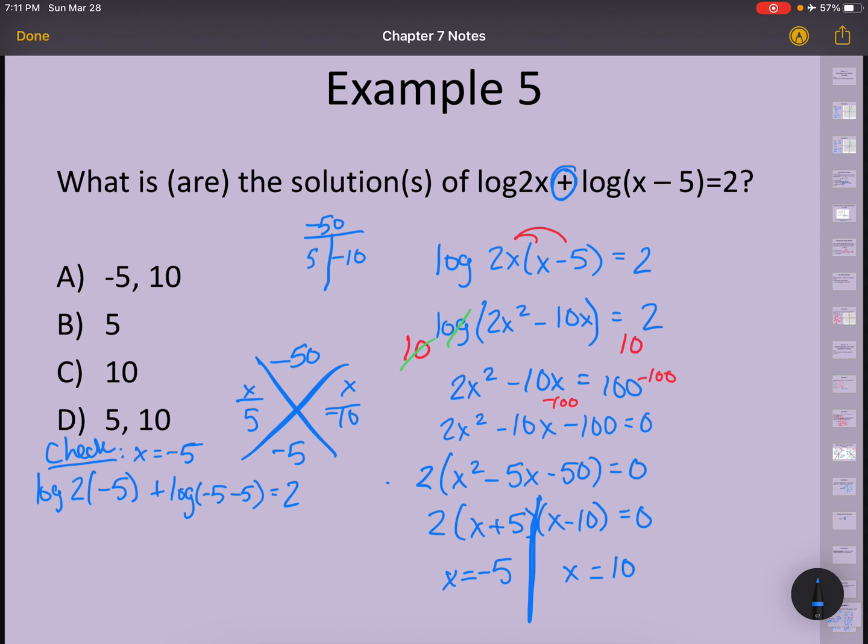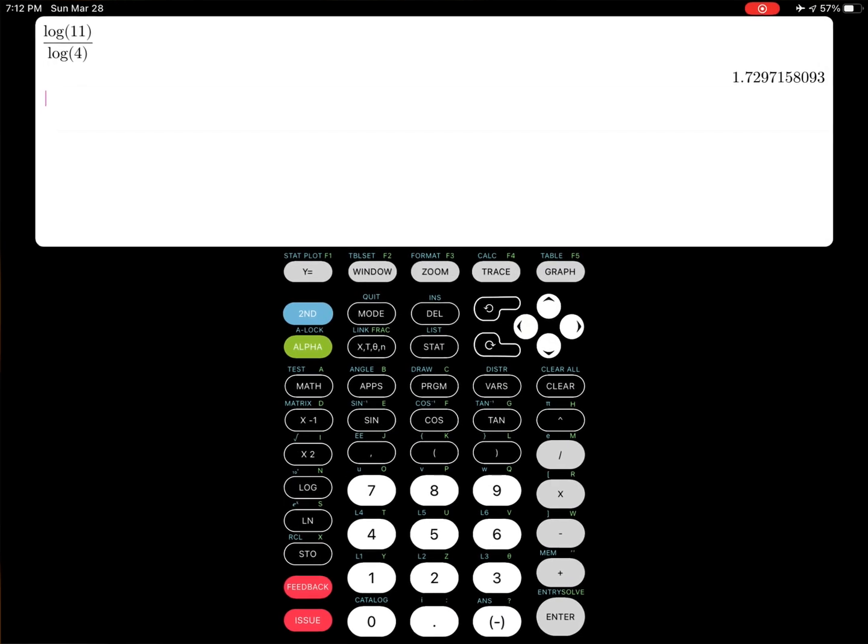Okay, so when I check negative 5, I get that log of negative 10 plus log of negative 10 has got to be 2. So let's try that in the calculator.